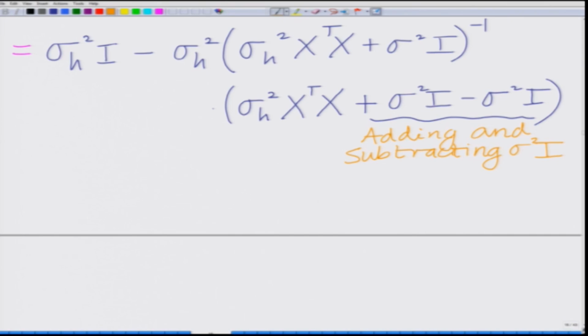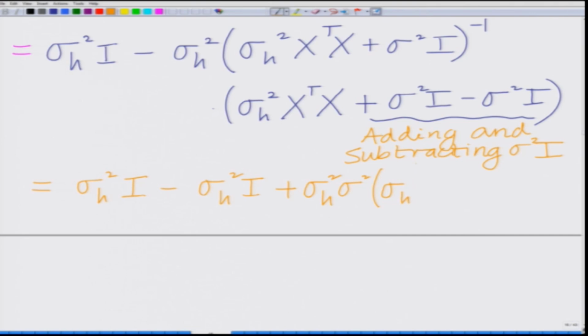So we will have sigma h square I minus sigma h square times identity, plus sigma h square x transpose x plus sigma square identity inverse into sigma square identity.